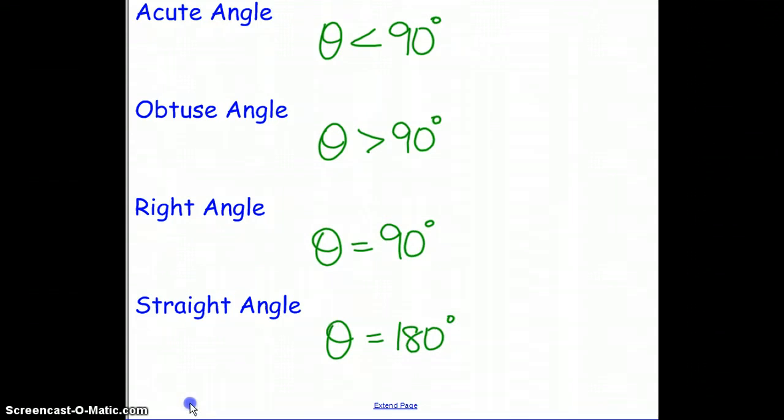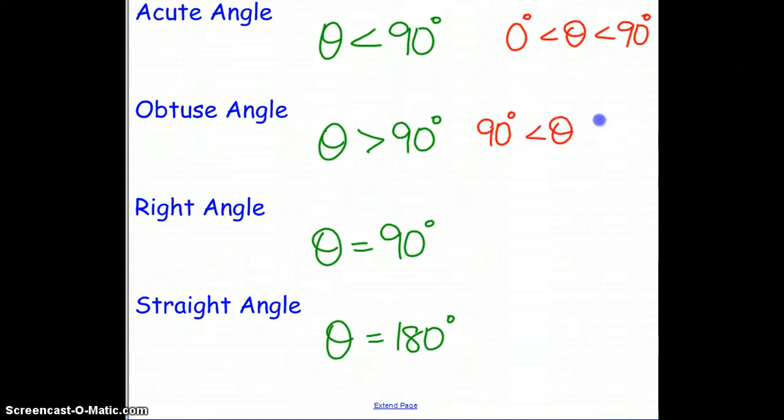We could write these statements as inequalities: an acute angle has to fall somewhere between 0 and 90 degrees, and an obtuse angle has to fall somewhere between 90 degrees and 180 degrees. Okay?